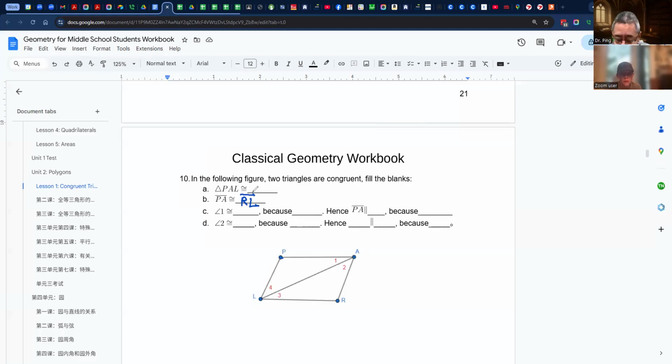Okay. C. Angle one is congruent to angle which one and because of what? Sorry, which one is number one? Angle one is corresponding to what?